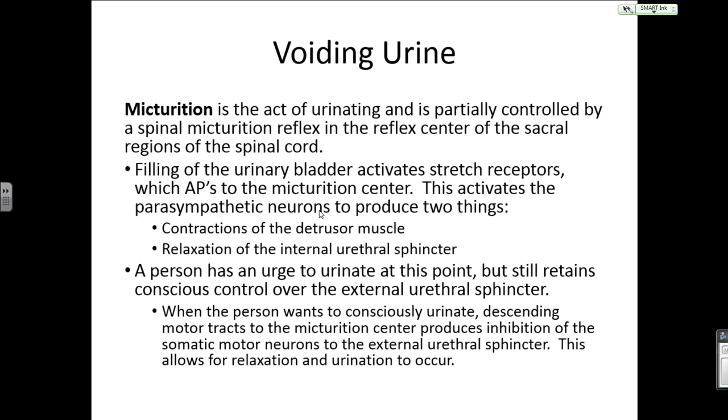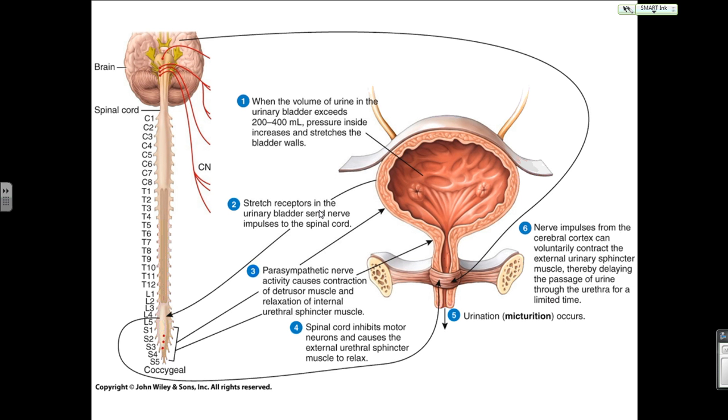It is partially controlled by a spinal micturition reflex in a reflex center of our sacral region of the spinal cord. So this involves the last little bits of the spinal cord and involves a process that can be illustrated here on this next page. So the reflex is initiated when the bladder begins to fill up with urine.